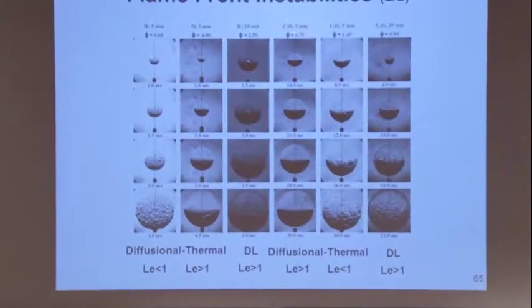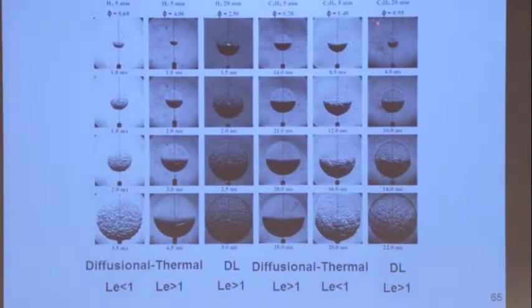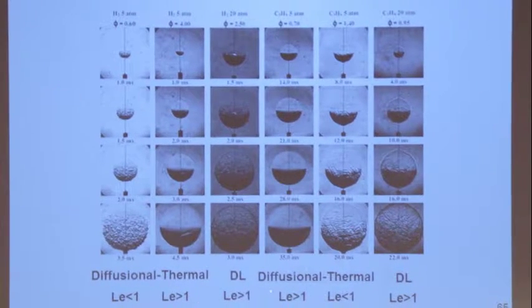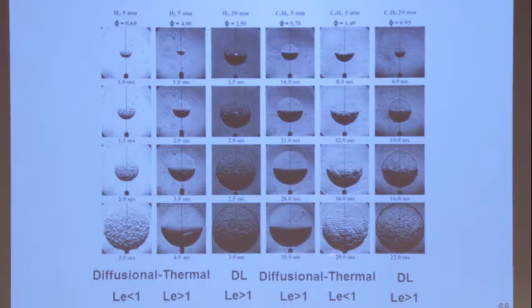So, hydrogen, I do propane, you know the diffusivity switches. So propane, when the Lewis number is bigger than 1, it's bigger than 1. When it's lean, it is stable. Hydrogen, when it's lean, it's unstable. Propane, when it's lean, it's stable. Propane, when it's rich, it's unstable.